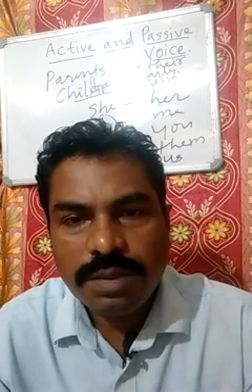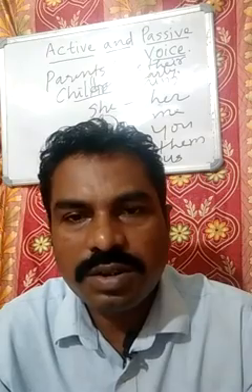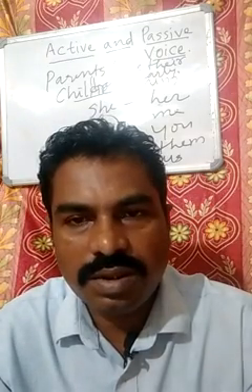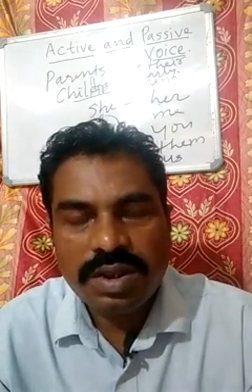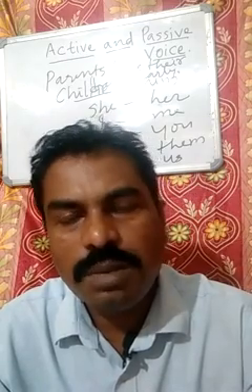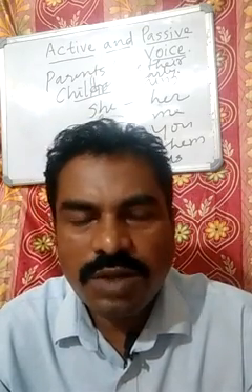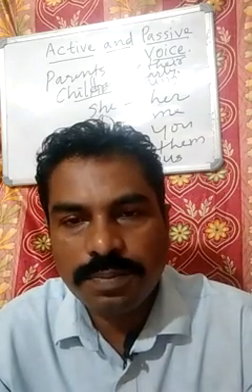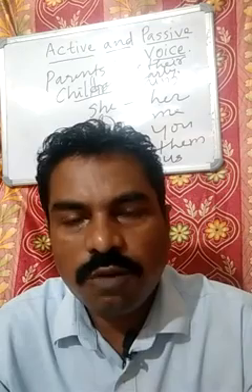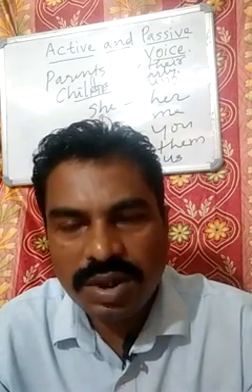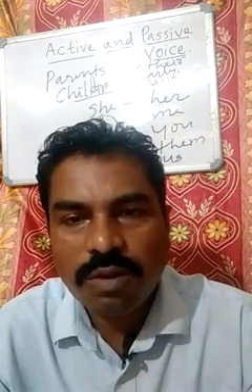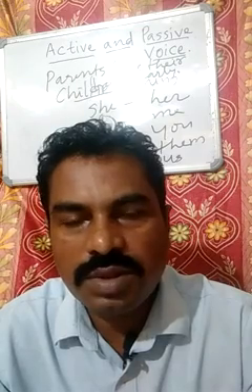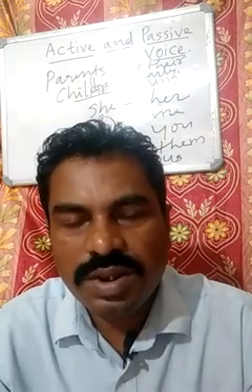Another very important thing is you should be able to identify the subject, verb, and object in the sentence. Because when we change a sentence from active voice to passive voice, the subject of the active voice becomes the object of the passive voice, and the object of the active voice becomes the subject of the passive voice.